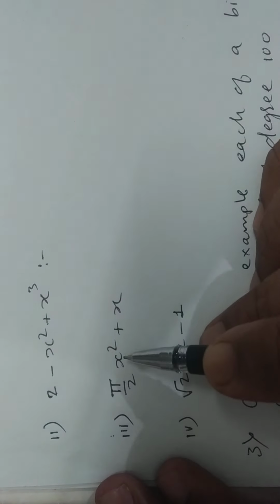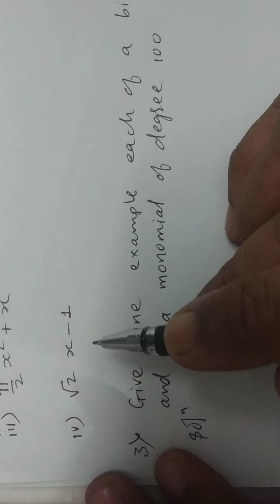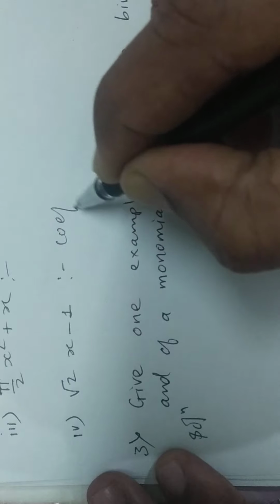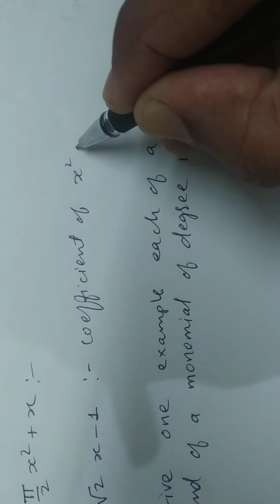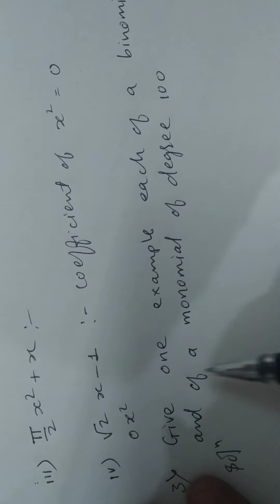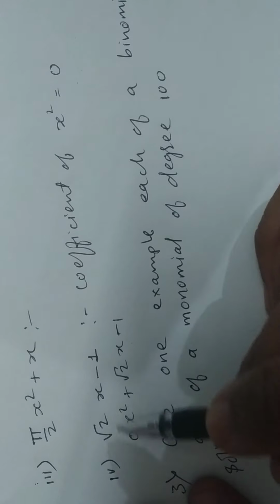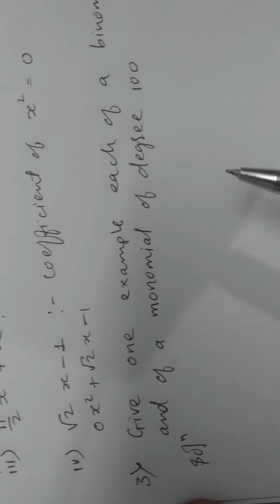Here the coefficient of x square is pi by 2. Here there is no x square, therefore the coefficient of x square is equal to 0. It can be written as 0x square plus root 2x minus 1, because 0 into any number is 0. Are you getting it? Very good.